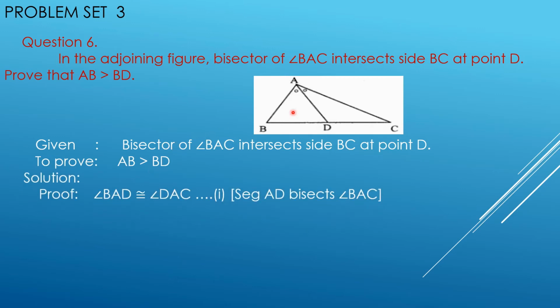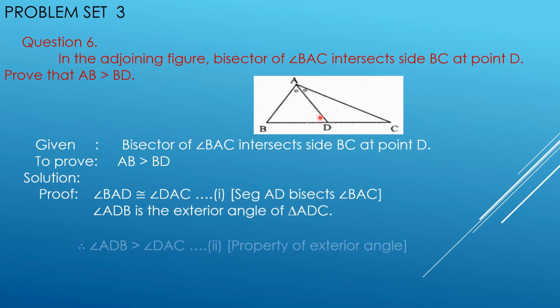Proof. Here AD bisects angle BAC. Therefore, angle BAD is congruent to angle DAC. That is equation number 1. And in triangle ADC, angle ADB is the exterior angle of triangle ADC.